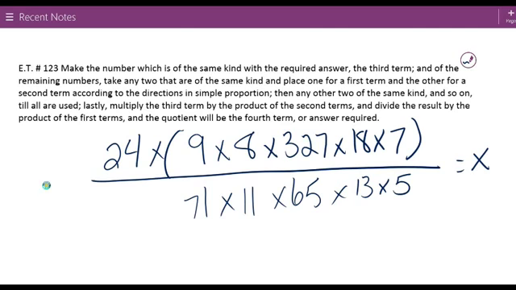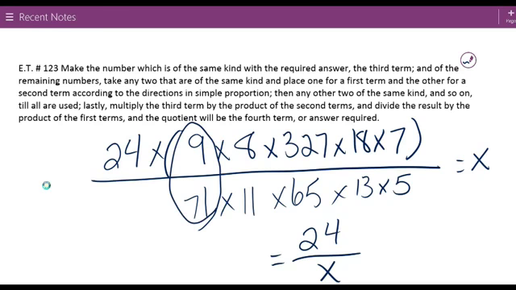So we would make the number that is the same kind as the required answer, this 24, the third. And of the remaining numbers, take any two that are of the same kind and place one for the first term and the other for the second term according to the directions in simple proportions. So we have the 71 and 9.